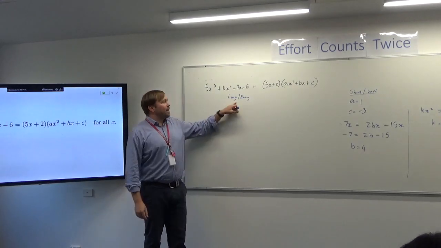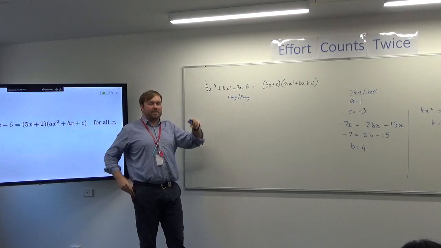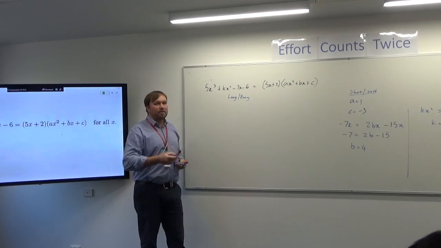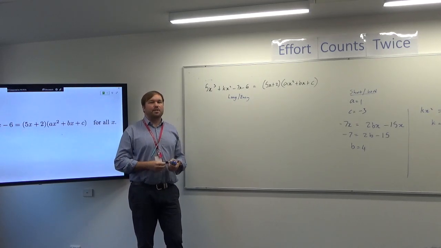Did you want me to do this way as well? I think I should for completeness' sake, just for the sake of it. Are you just going to expand it and then simplify it? I'm going to expand it.